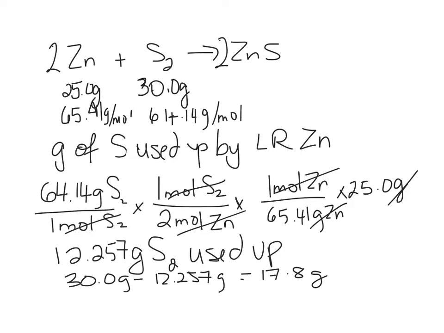So 30 grams of sulfur is really over the top for this question, because you only need 10% extra to ensure a reaction goes to completion. So we could have got away with 12 plus 10%, about 15 grams. So what we found by doing this was that they used 17.8 grams more sulfur than they actually needed to.